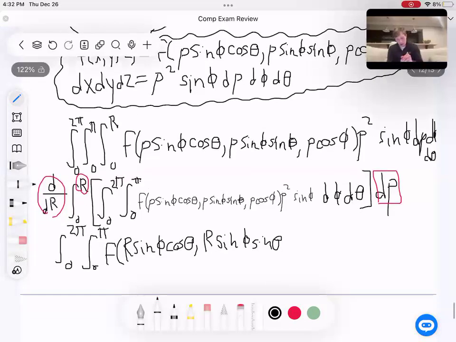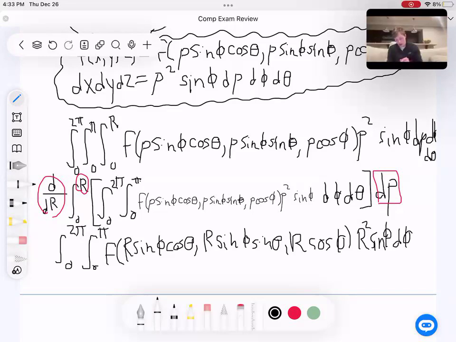There. It still doesn't really look like a theta, but it looks a little better. Rho cosine phi. R squared sine phi d phi d theta.